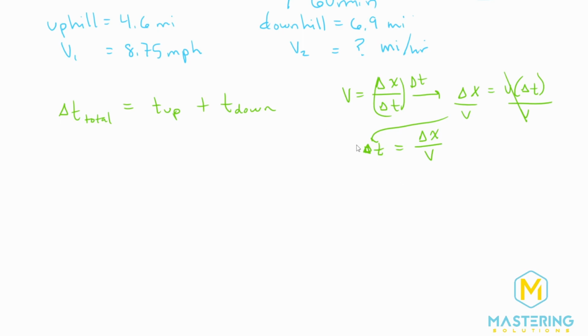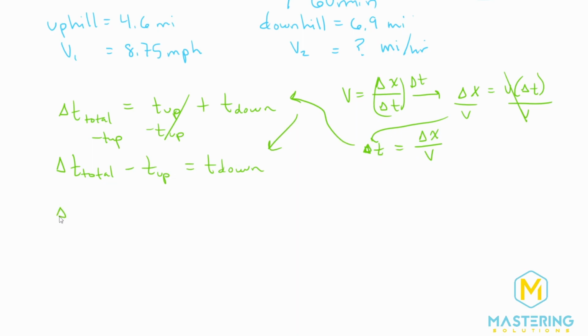So now we can plug this in up here. So the delta t total, actually let's move this over first, that'll be a little easier. So we're going to isolate the down since that holds what we're trying to solve for. So if we subtract the uphill time from both sides, t up, we have t total minus t up equals t down. And now let's plug this that we found right here into this.